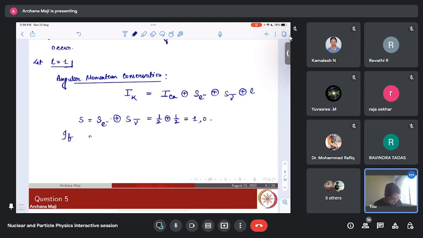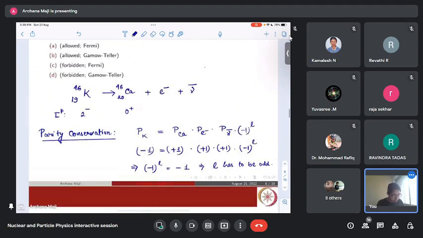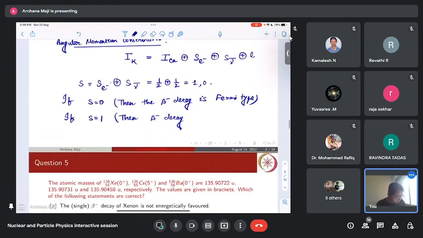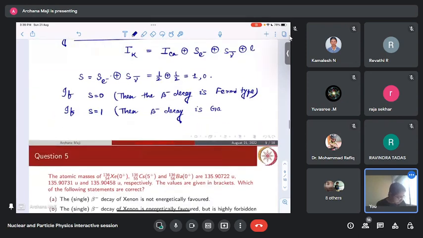If S is equal to 0, then the beta decay is Fermi type. And if S is equal to 1, then it is Gamow-Teller type.